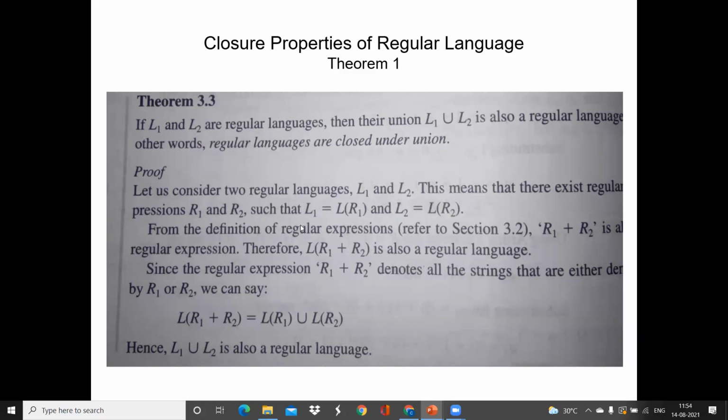If you perform the plus operation on these two regular expressions, then the language represented by R1 plus R2 is also a regular language. And so we can say the language represented by R1 plus R2 is equal to language of R1 union language of R2.